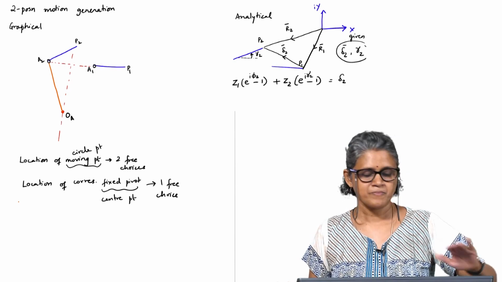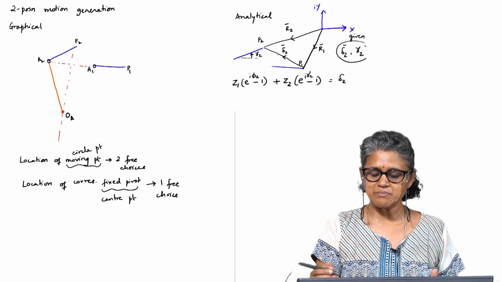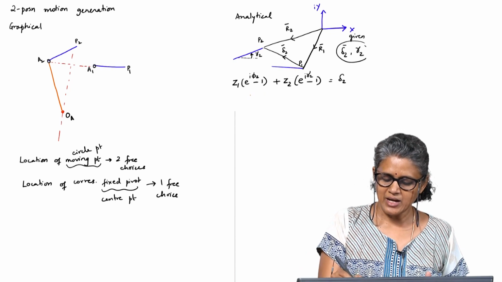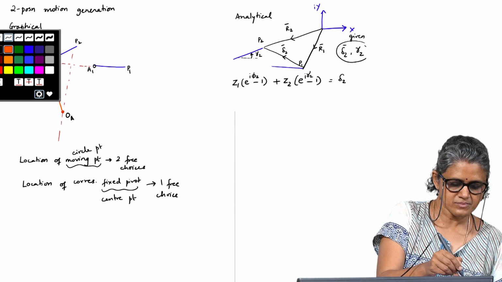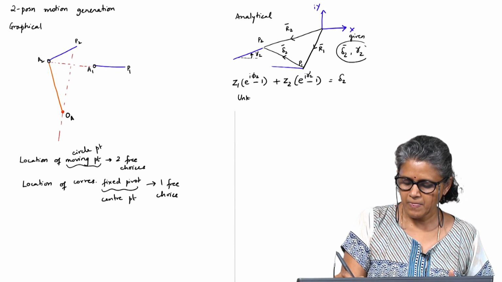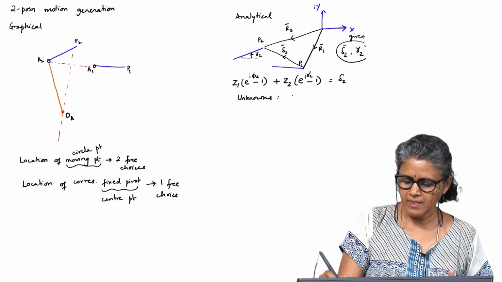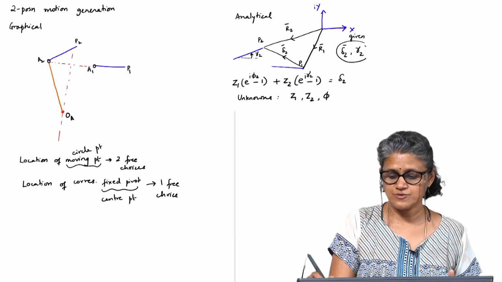We know this. In this case, essentially let me say that my unknowns are Z1, Z2, I also do not know phi 2.